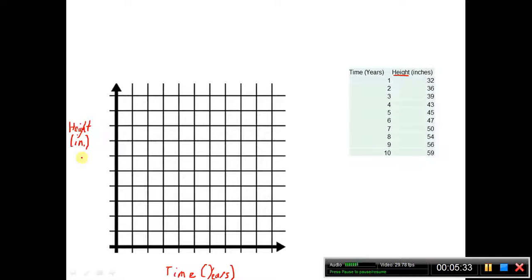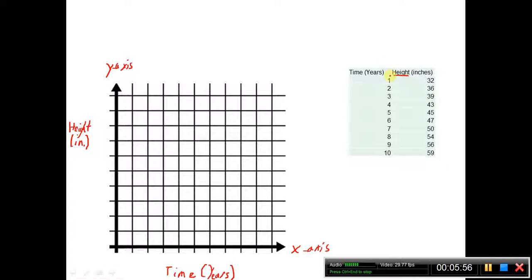Okay, so we've labeled our, remember this is the X axis, and then up here is the Y axis. Now we need to create our scale. Now scale means how much are we going to go up by for each line here.